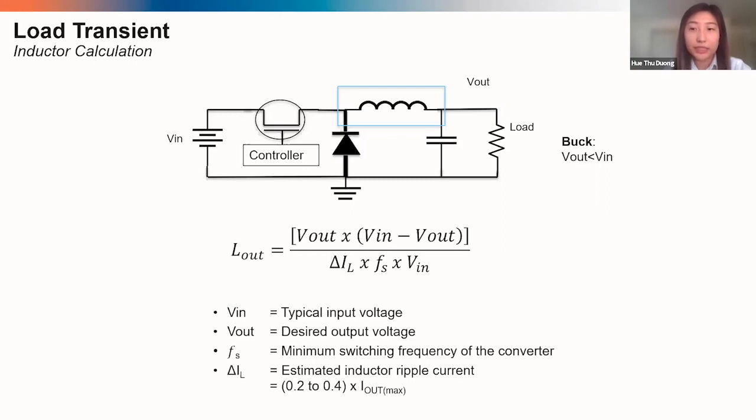But first, we're going to calculate what inductor is being used in order to figure out the size of the capacitor bank needed. To do that, we use this formula here, which is V out times the difference of V in and V out, all over the change in current times the switching frequency times V in.